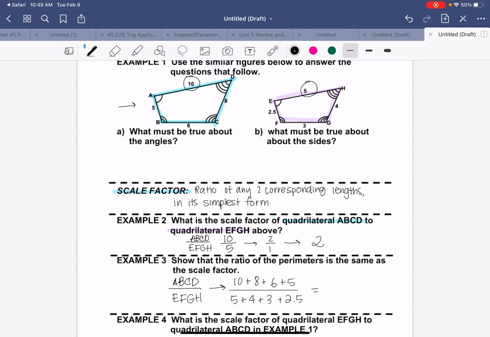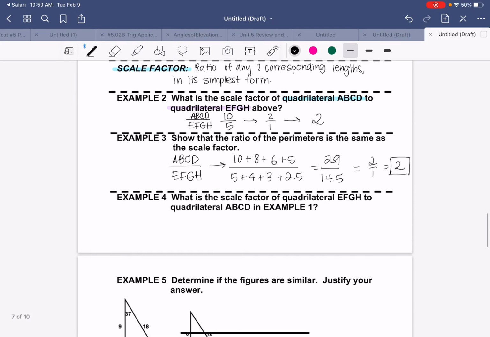When we add 10, 8, 6, and 5, we get 29. And when we add 5, 4, 3, and 2.5, we get 14.5. When we simplify that, we get 2 over 1, or just 2. So when two polygons are similar, all of its aspects, perimeter, side lengths, they all jump by the same scale factor.